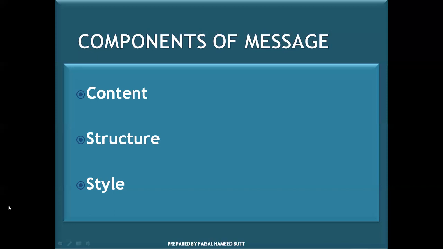In structure, if you give order to data, that may be chronological. You can have reverse chronological. You can have cause and effect. You can share data according to importance.